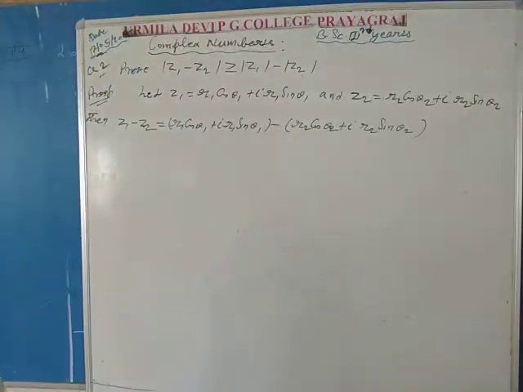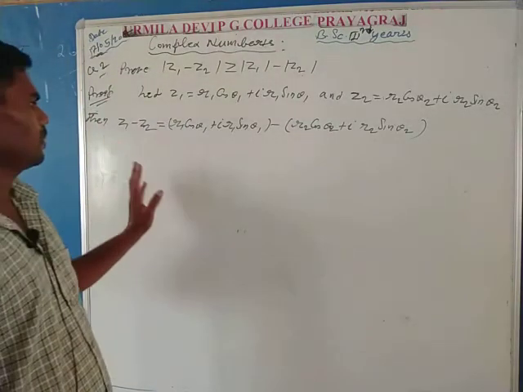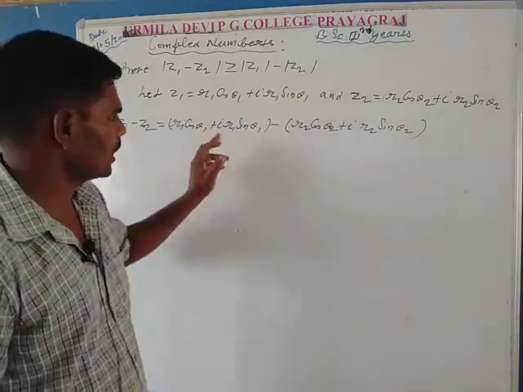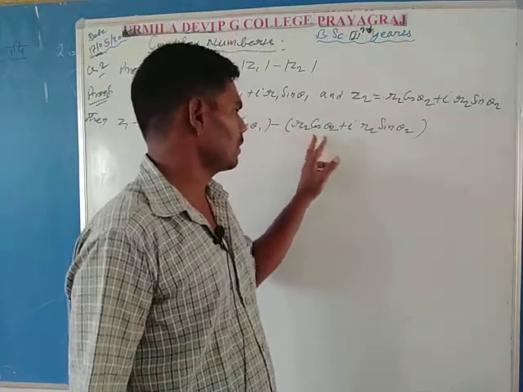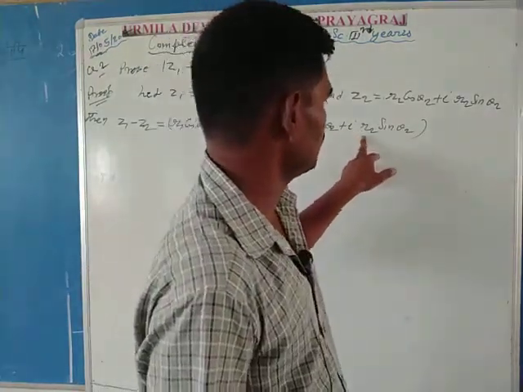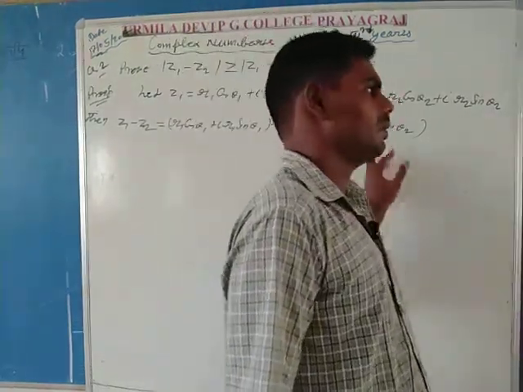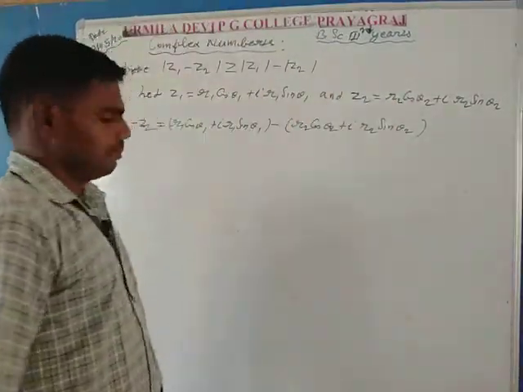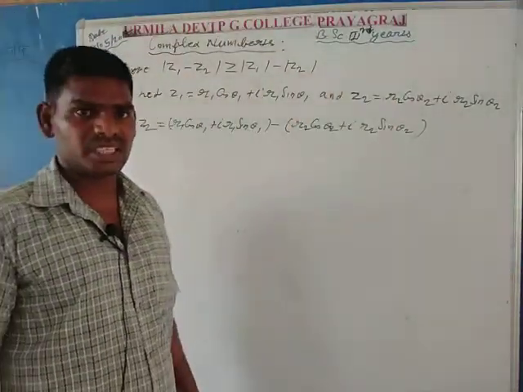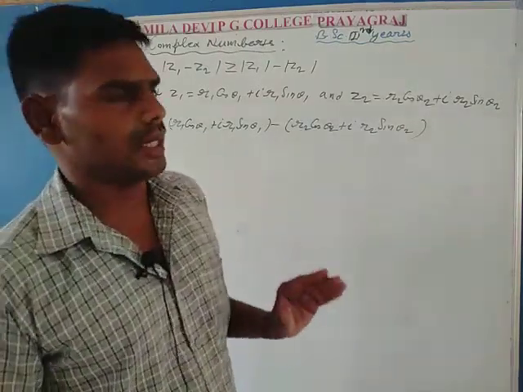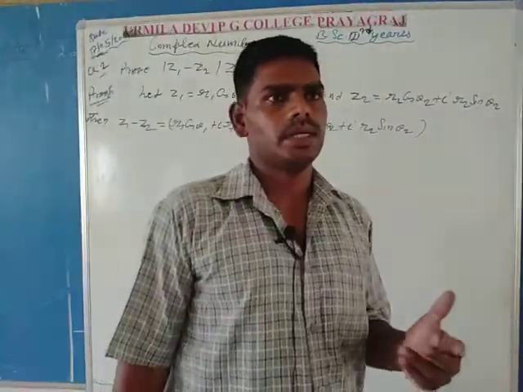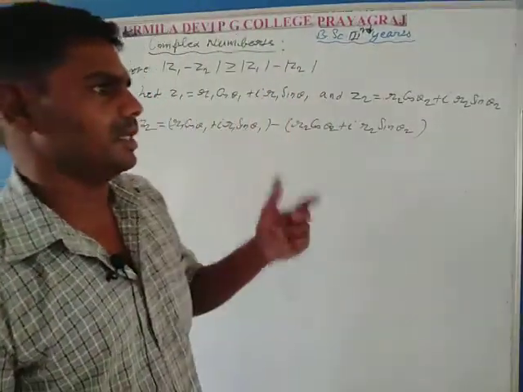Putting the values of Z1 and Z2, Z1 minus Z2 is equal to R1 cos theta 1 plus I times R1 sin theta 1 minus, in second bracket, R2 cos theta 2 plus I times R2 sin theta 2. By the rules of subtraction of two complex numbers, real values are subtracted from real and imaginary values from imaginary.